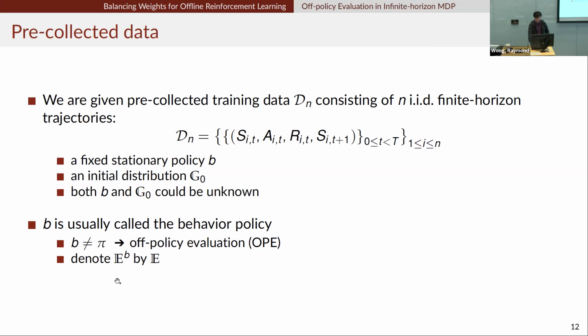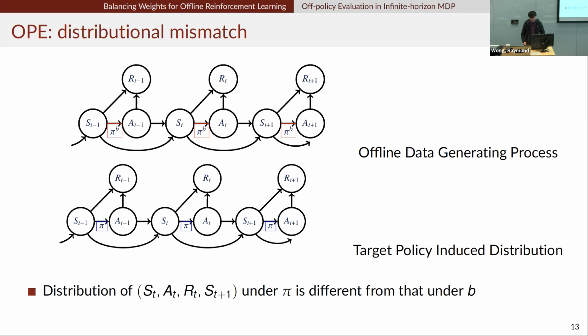For simplicity, I'm going to use this notation E to represent expectation taken with respect to the data generating mechanism, that means the distribution induced by the behavior policy. So in the off-policy setting, the distribution of the trajectories in our data is different from the target policy induced distribution. This creates a distribution shift, and that causes some trouble.